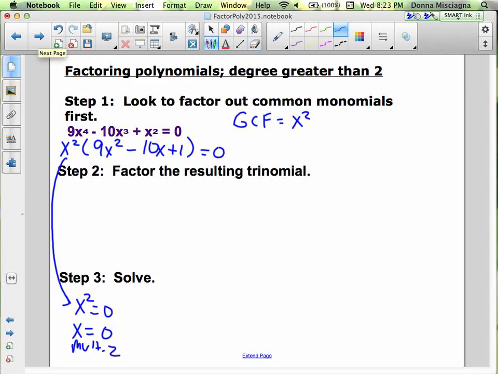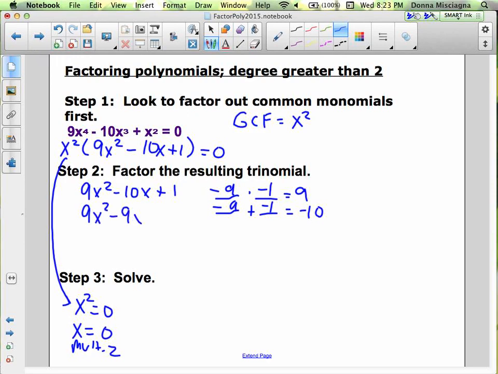All right, so let's factor the rest. 9x squared minus 10x plus 1. 9 times 1 is 9. We need 2 numbers that multiply to give us 9, but add to give us negative 10. Well, it's got to be negative 9 and negative 1. So we replace the negative 10x with a negative 9x and a negative 1x.